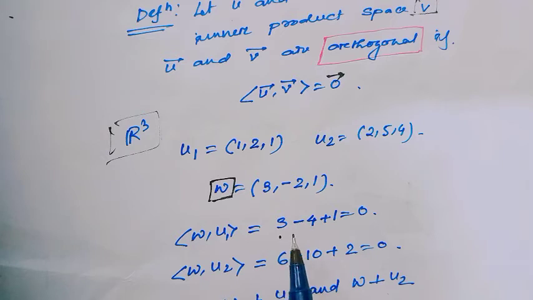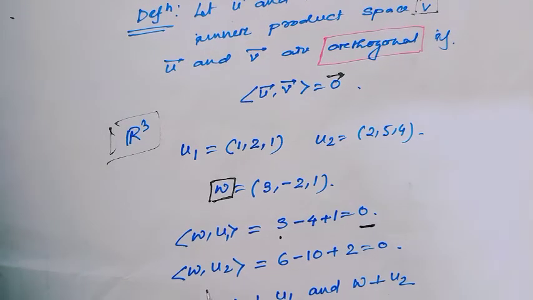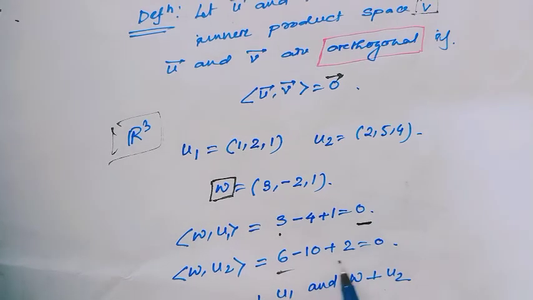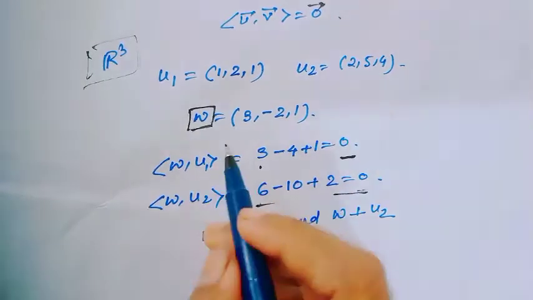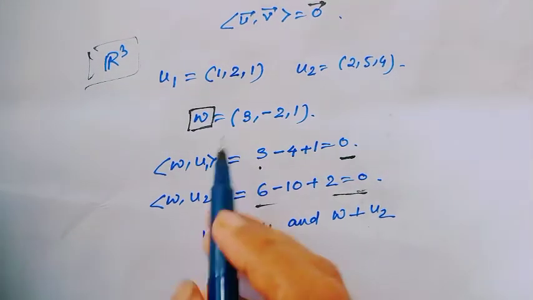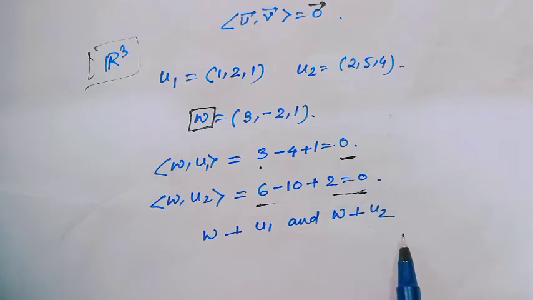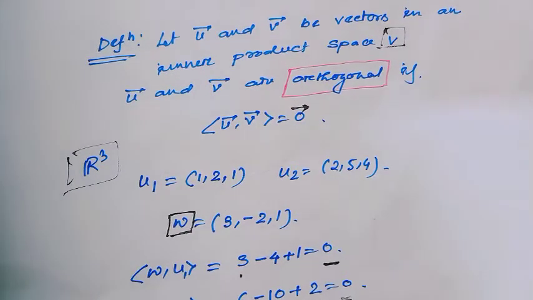This would be 3 minus 4 plus 1, which is equal to 0. And the inner product of w with u2 is also equal to 0. So obviously this vector w is perpendicular or orthogonal to u1, and w is also orthogonal to u2. Are you getting the actual idea of orthogonality of two vectors?